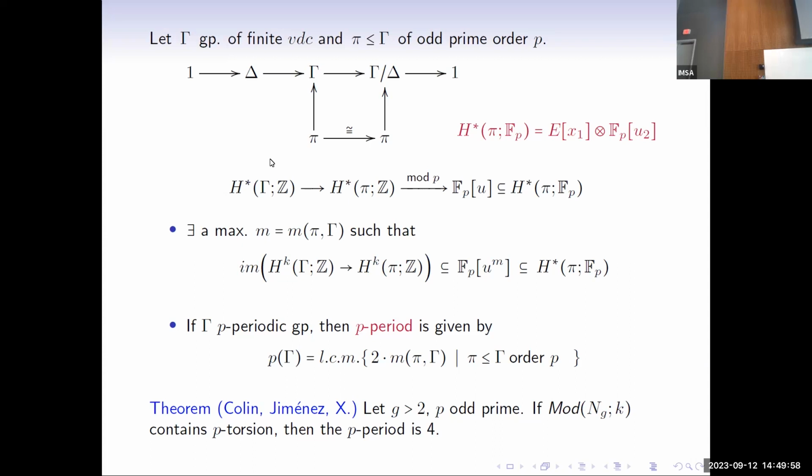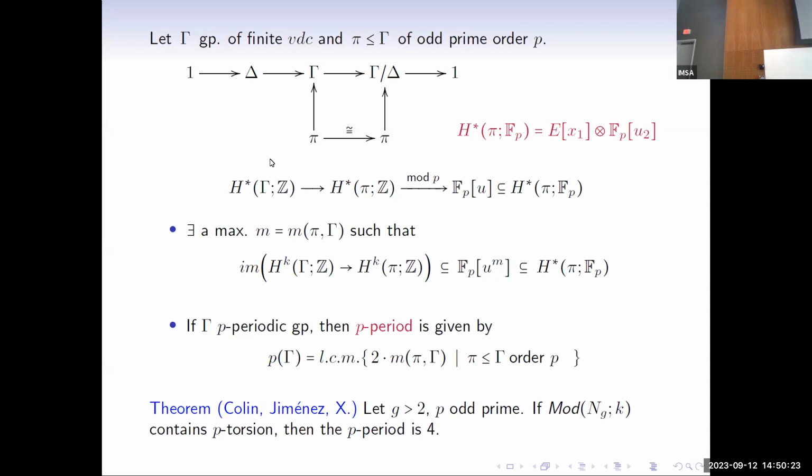So that it better be a maximum power of U, which is called n in this case, so that the polynomial algebra generated by this power also contains the image of the restriction followed by the reduction mod p.